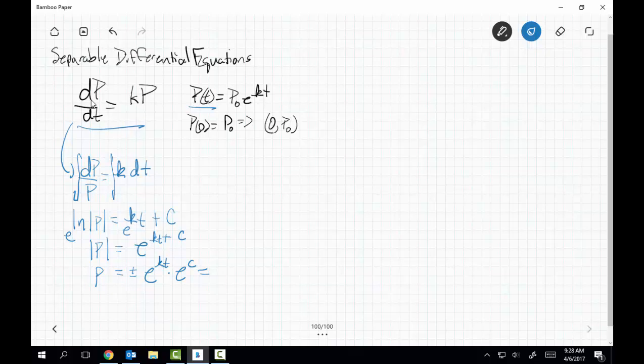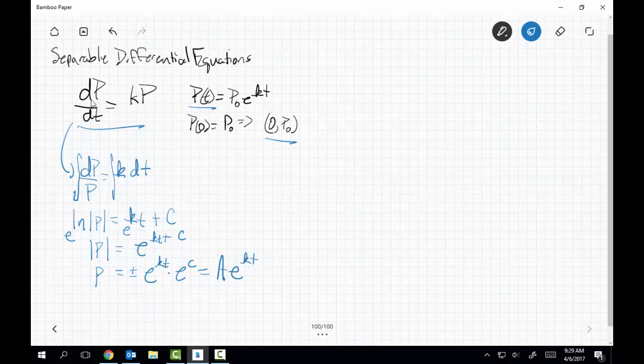This is e to the kt times, we could send this plus or minus over here, but I'm simply going to write it as a. I don't have to include the plus and minus, because that will be taken care of when we use the initial value. It will be determined whether a is positive or negative with the initial value. So this becomes a e to the kt.